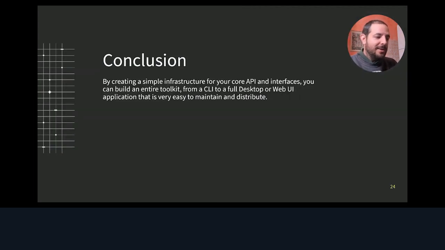So that's pretty much everything we've seen today. So the idea was to create a simple infrastructure for your API, but the infrastructure is all about creating a command line tool. This command line tool then can expose the data by using a standard contract.